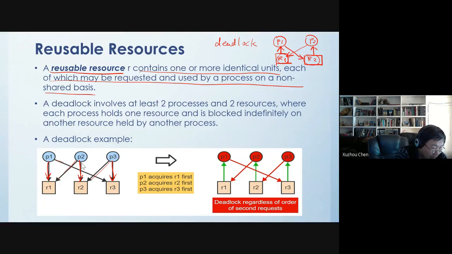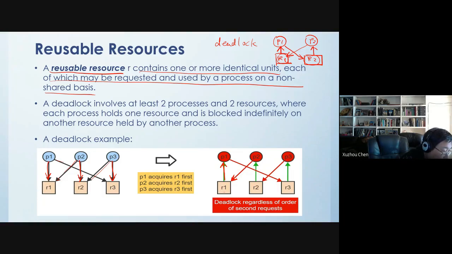Actually, process 1 and process 2 both request R1, but process 1 gets R1, and the request from process 2 has to wait because there's only one unit.